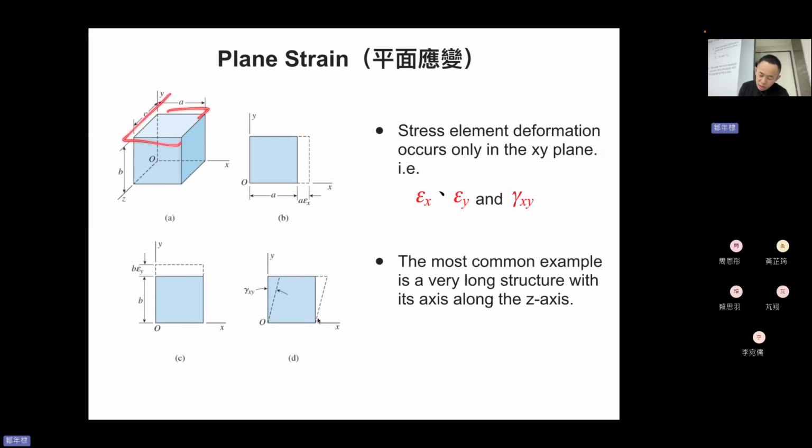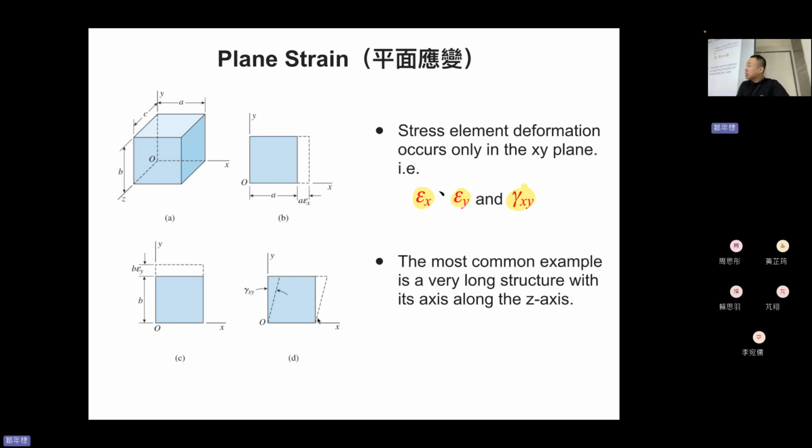So you see there's an element here, and the only deformation is epsilon x, epsilon y, and gamma xy. That's it. So again, this is our norm. Okay, we know the value.